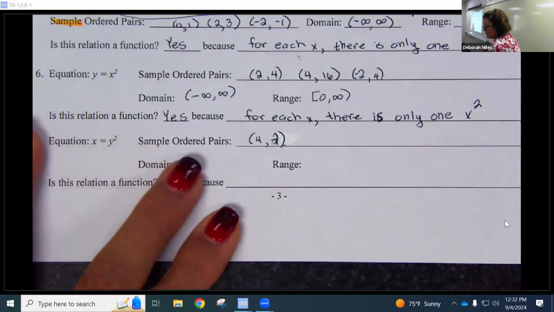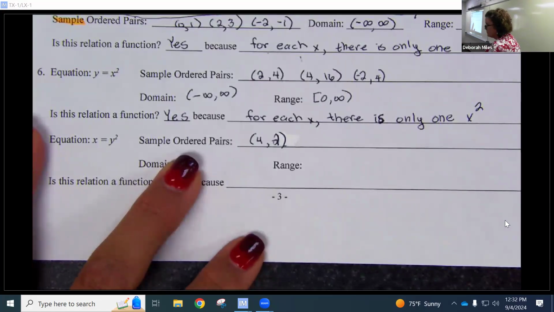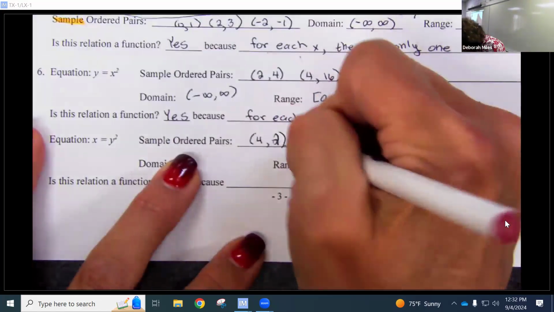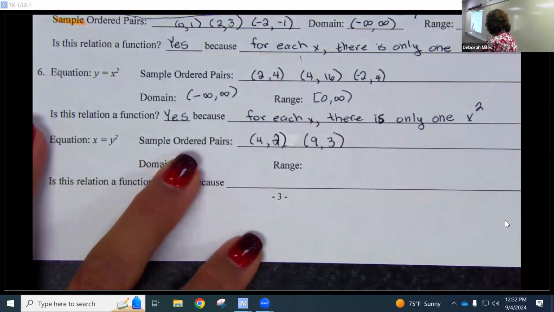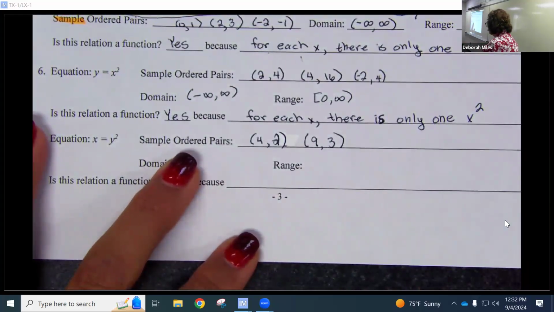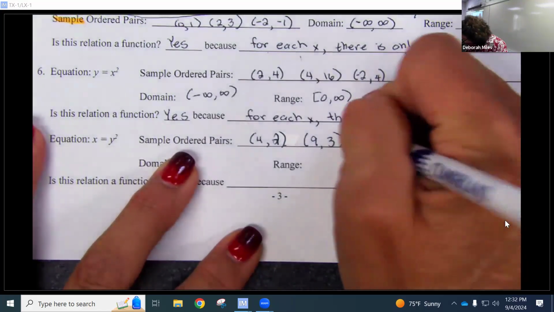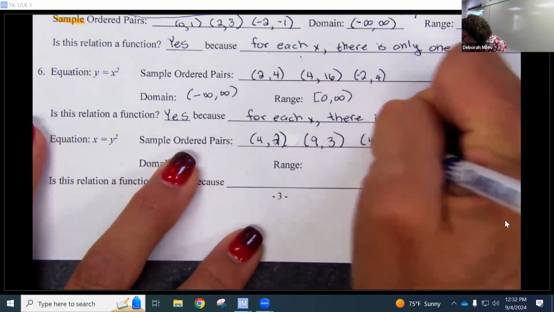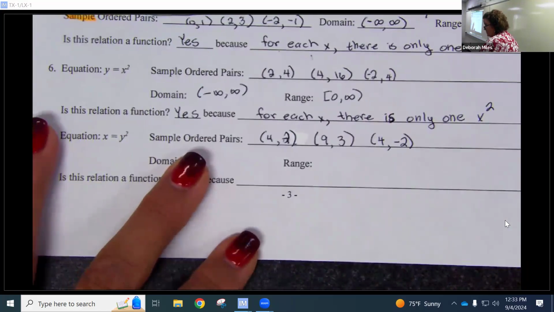Somebody give me another ordered pair where the x is the square of the y. 9, 3 definitely work. And somebody give me one with a negative y value. -2. Can somebody give me one with a negative x value?